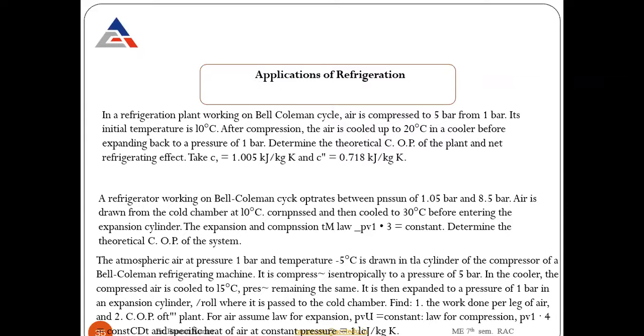Now the temperature: its initial temperature is 10 degrees centigrade, from where it is starting. So T1 is equal to 10 degrees centigrade.